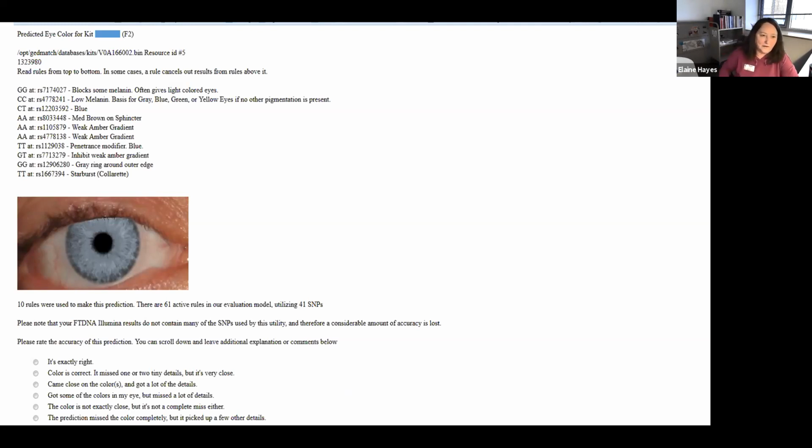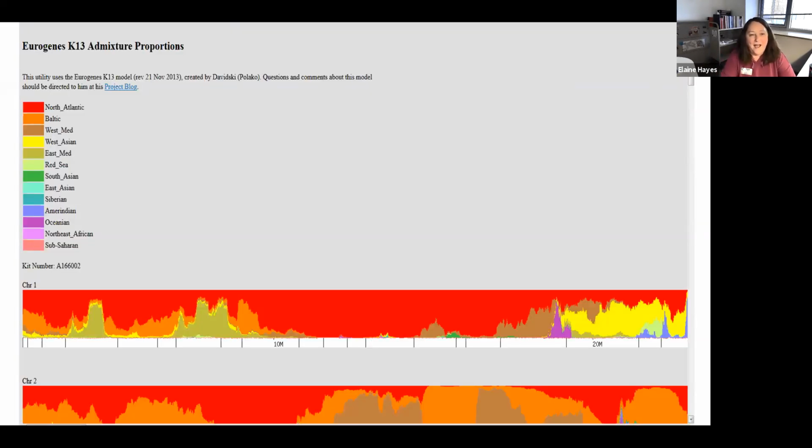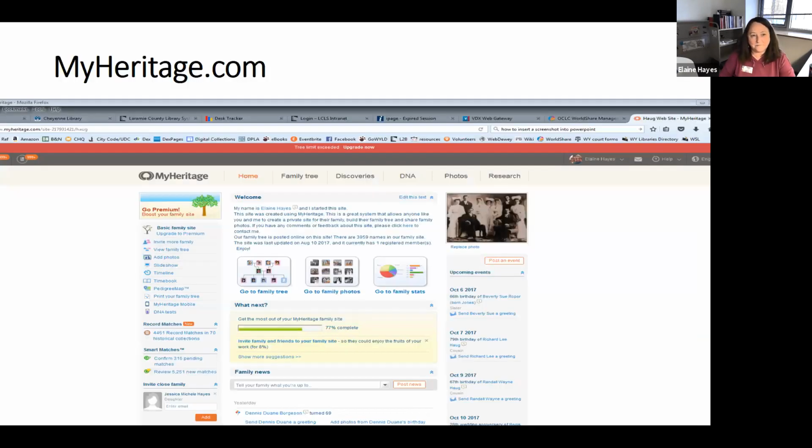My eyes are more green than that. It's also looking at the different chromosomes and where the different ethnicities are found on your chromosome. It's sort of a different way of doing a chromosome browser that we saw earlier at 23andMe.